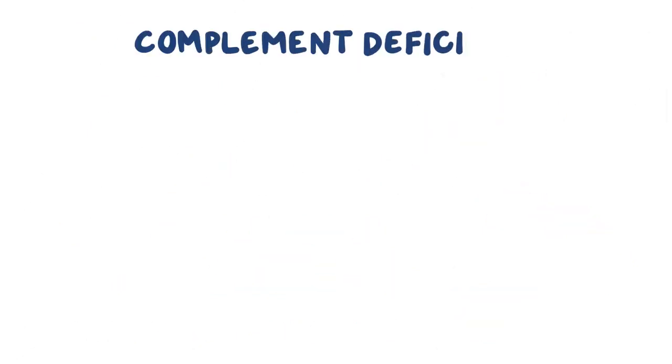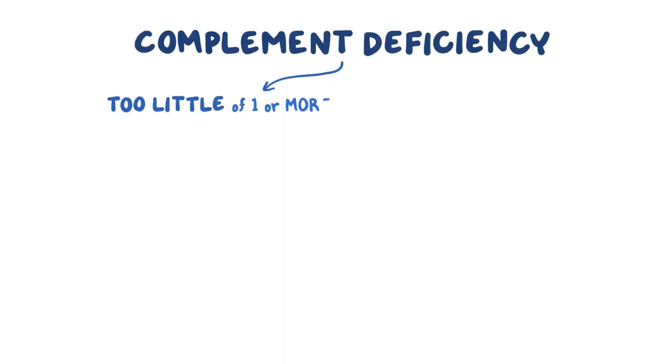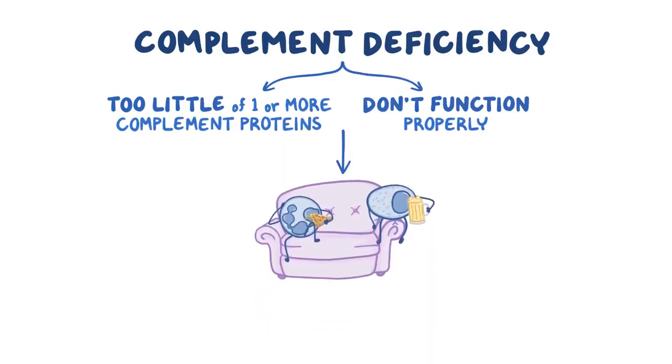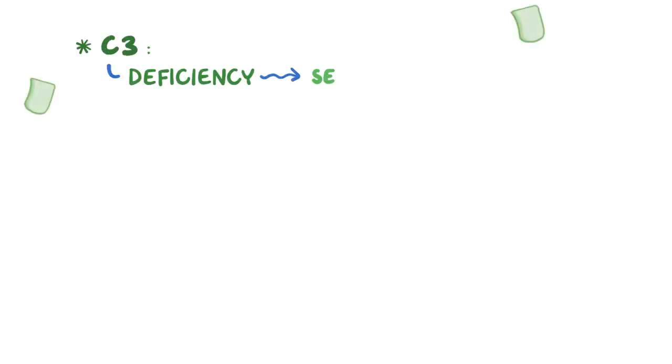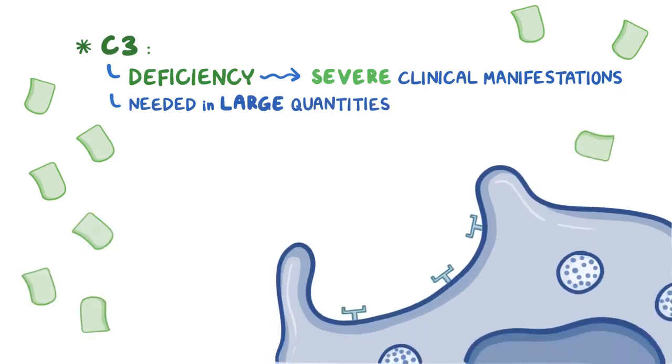In complement deficiency, there's either too little of one or more of these complement system proteins, or they just don't function properly. This can cause an underactive immune response, like in C3 deficiency, because C3 would normally activate the complement system. In fact, a C3 deficiency causes severe clinical manifestations, because C3 is needed in large quantities.